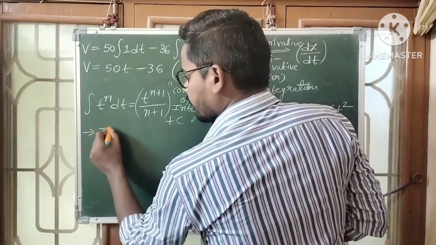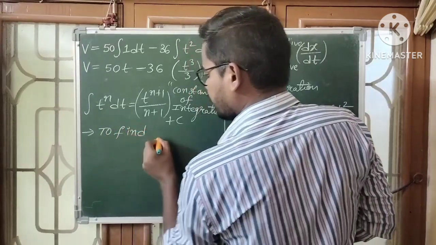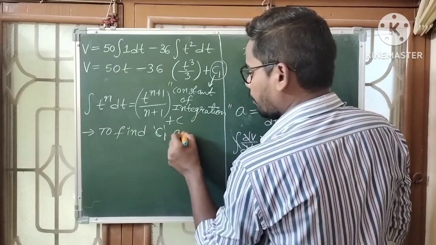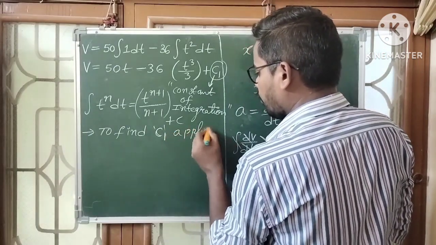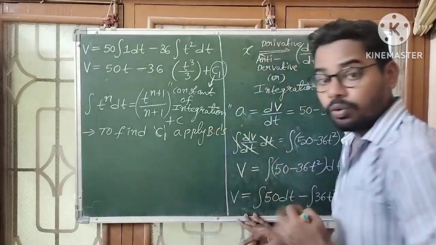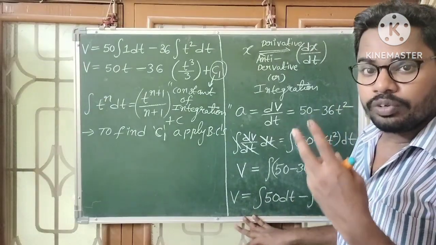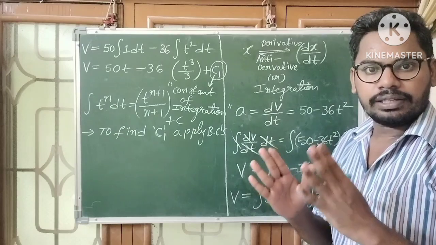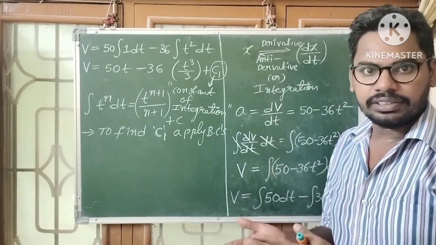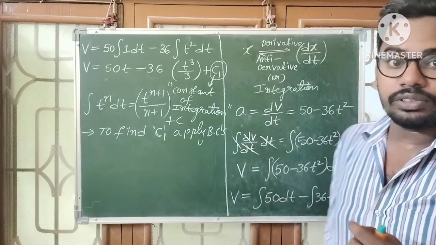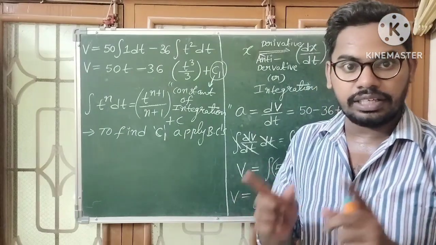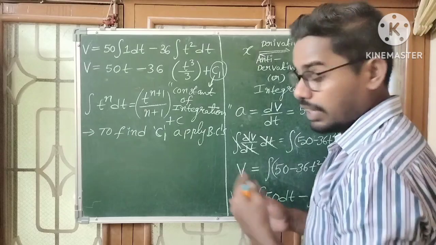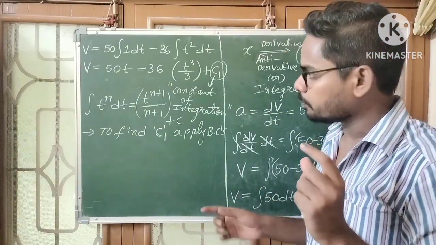To find the value of C1, apply boundary conditions. We already have two boundary conditions. Here the particle starts from rest. So at t is equal to 0, initial velocity is equal to 0, and initial position is also equal to 0. X is equal to 0, or s is equal to 0. We consider s.